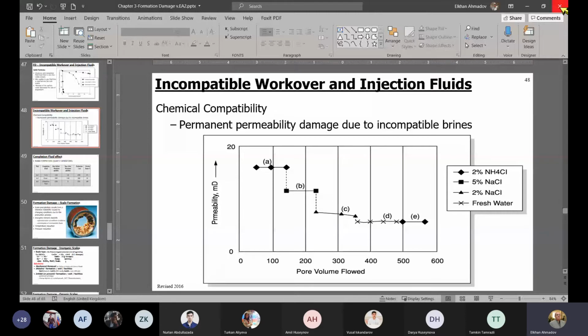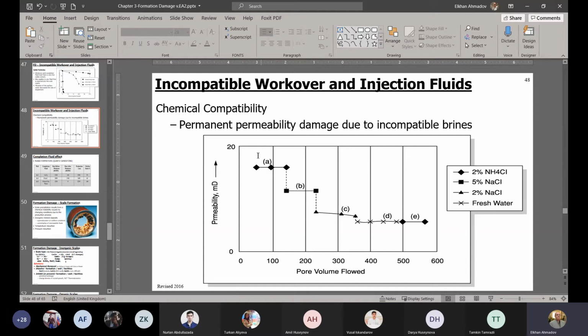But here we are talking about injecting, in a row, different types of fluids and showing that this effect will stay there. Even if we improve the fluid type, it will not go back to the original level. We are not talking about how it will change if we apply matrix acidizing. We are talking about how this will permanently affect the permeability unless we do something. Okay. Thank you.